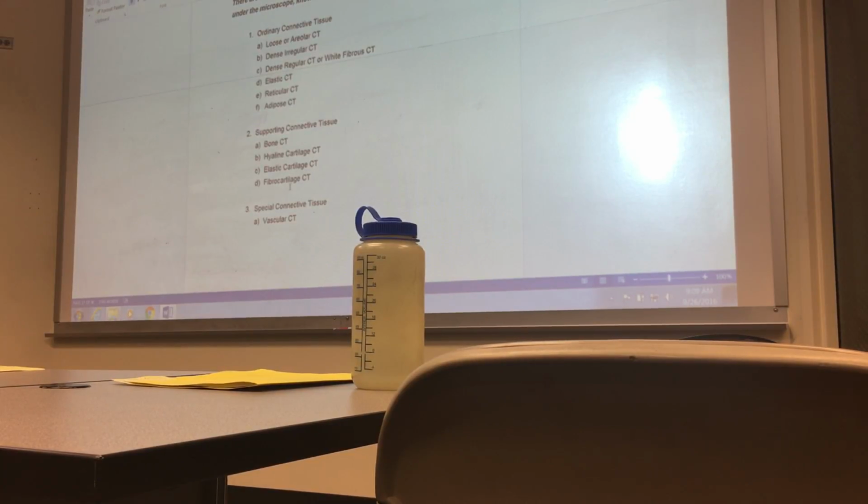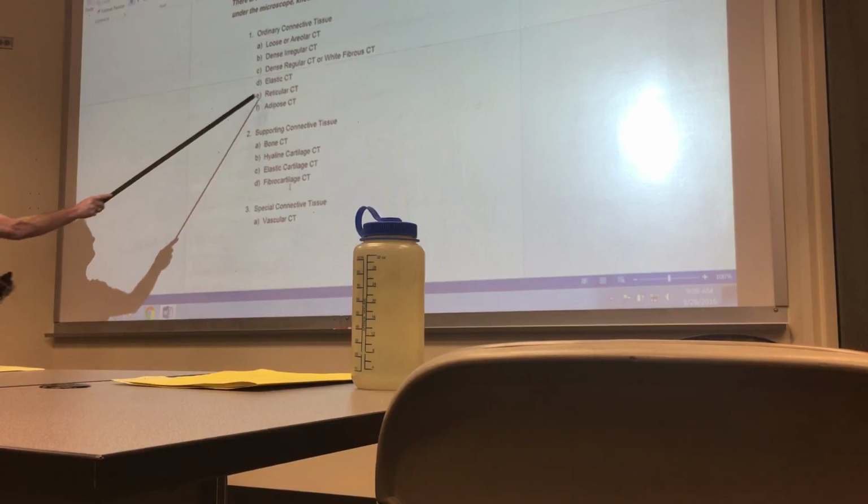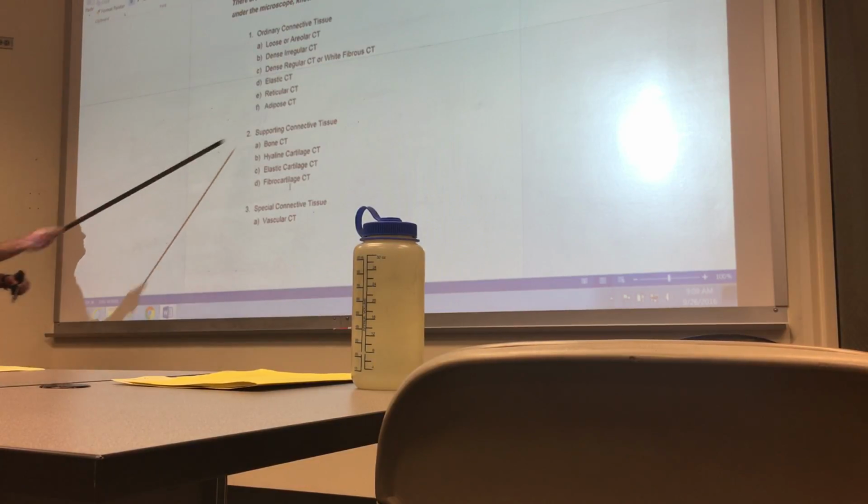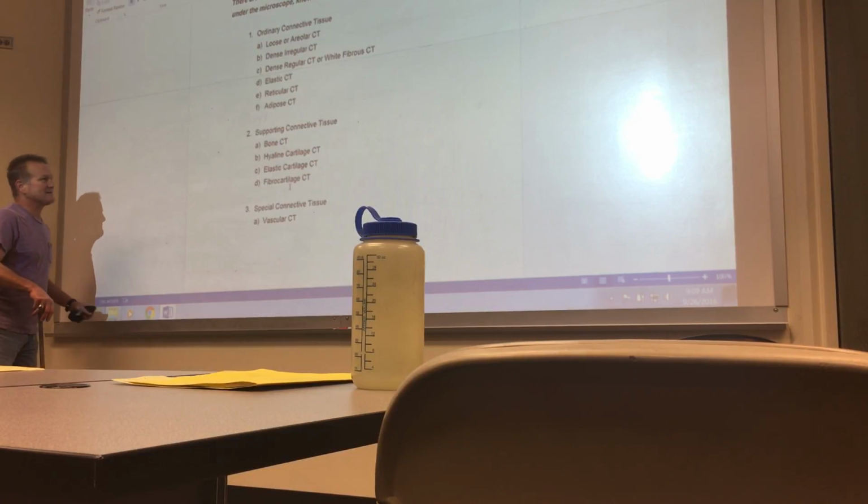And the third thing we call this group is fibrous connective tissue. The problem with calling it fibrous connective tissue is they're all fibrous except which one? Adipose. Adipose isn't fibrous. But some people call that group the fibrous connective tissues and just make the point that adipose isn't fibrous. Connective tissue proper or ordinary, those are both fine things to call that group.